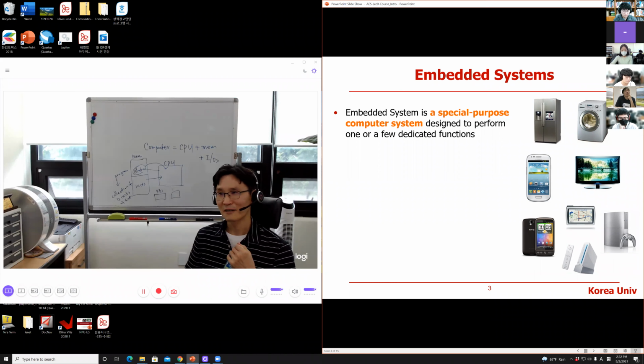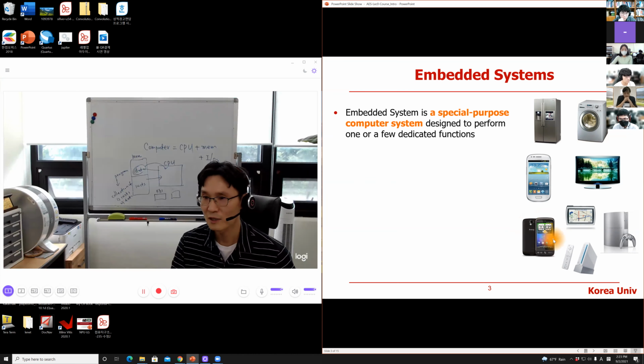What do you think? I think in the past it was classified as one kind of embedded system. But these days, I think it is getting close to general purpose. You can do almost the same things you do with a notebook or desktop computer, right? So anyway, let's assume it is an embedded system, a special purpose computer system.